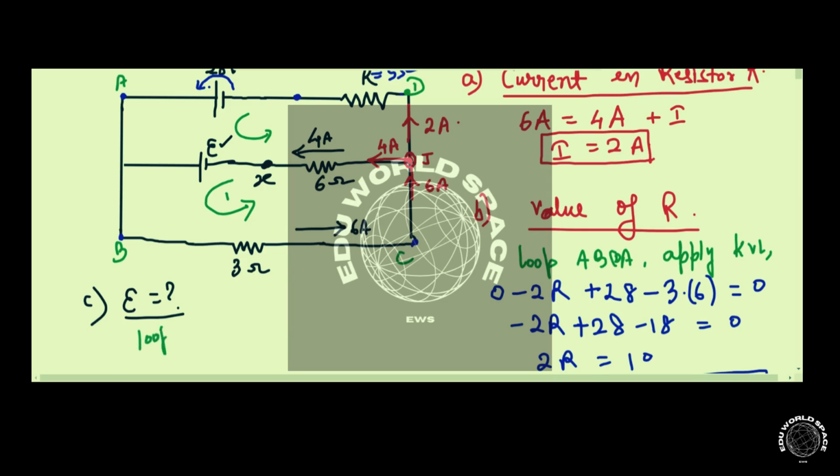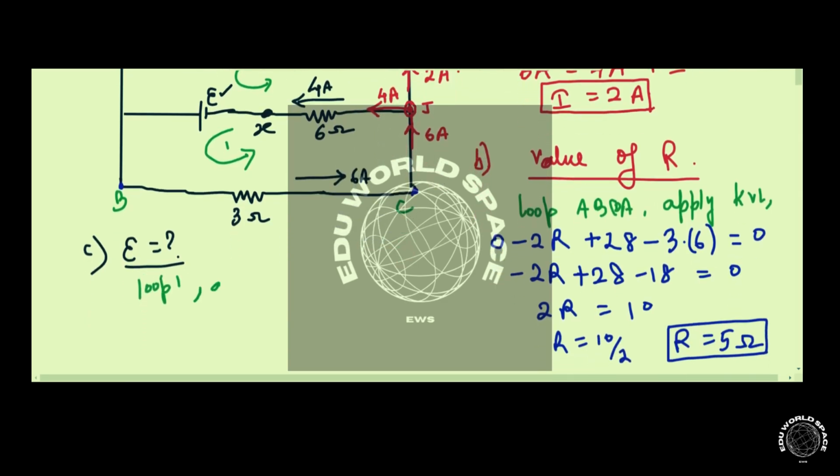So in this loop 1, we again apply Kirchhoff's voltage law. So we start at any point. Let's say we start at this point with potential 0. And then in the direction of current, there will be potential decrement. So minus I into R. So 6 into 4 is 24. And then potential at this will be increased by E amount.